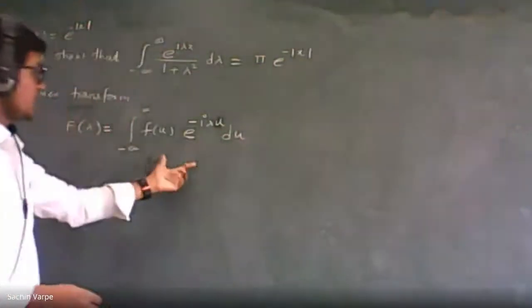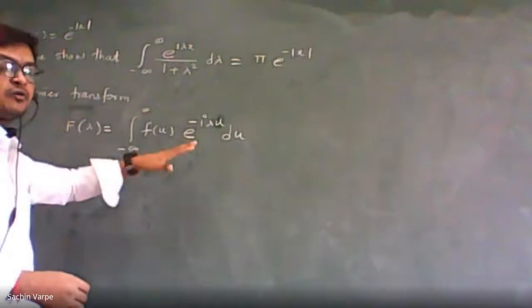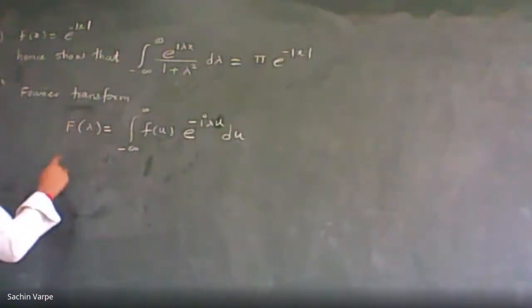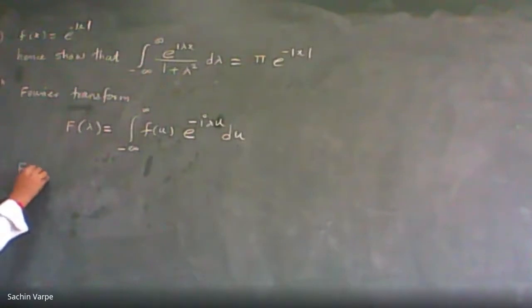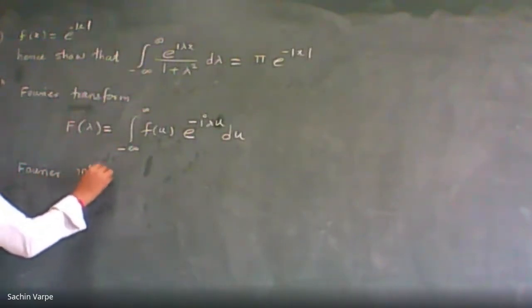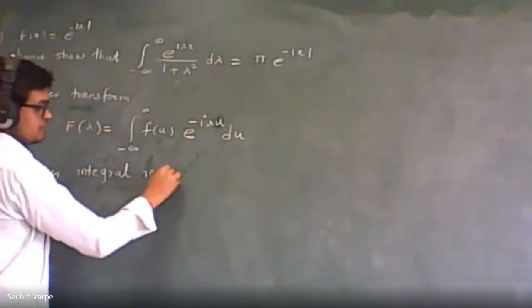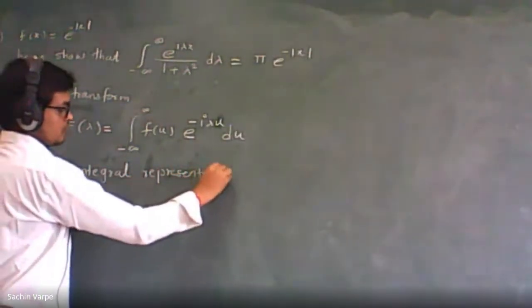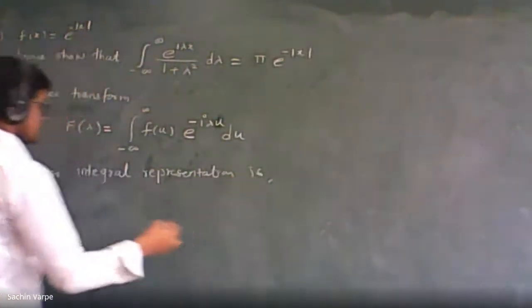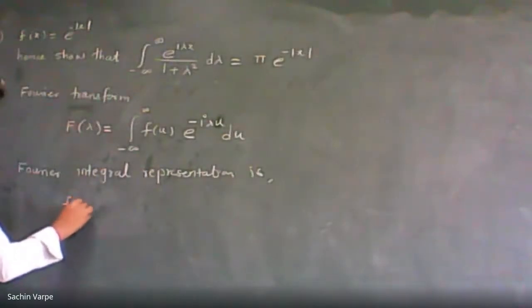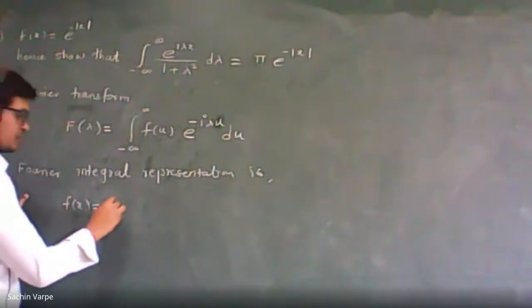So once we get the Fourier transform, we need to substitute this transform into its integral. Let us write the formula of the Fourier integral representation. F of x equals 1 upon 2 pi, integral from minus infinity to infinity of F of lambda e to the power plus i lambda x d lambda.